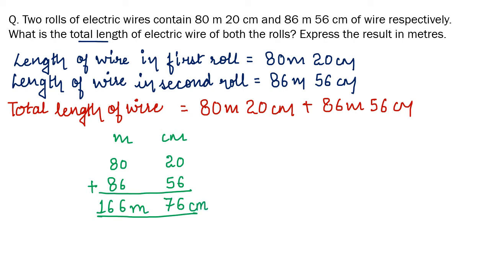We have to express this result in meters. So to convert this in meter, we have to divide 76 by 100. Here we will get 166.76 meter, because when we divide 76 by 100, it will be 0.76. So 166 plus 0.76 will be 166.76 meter.